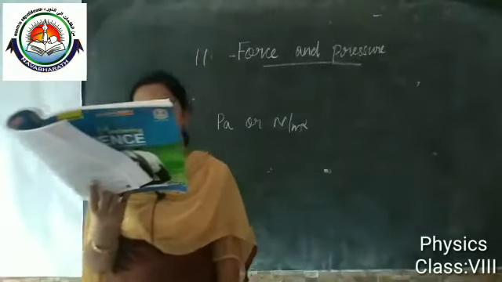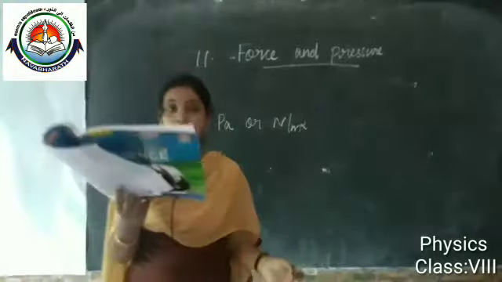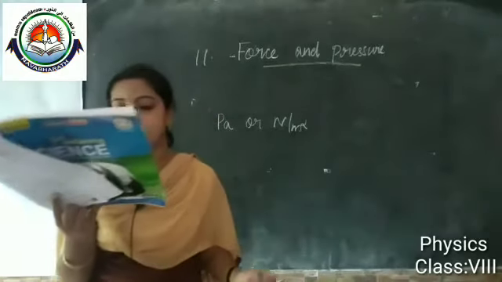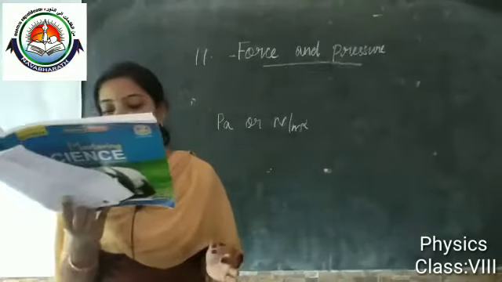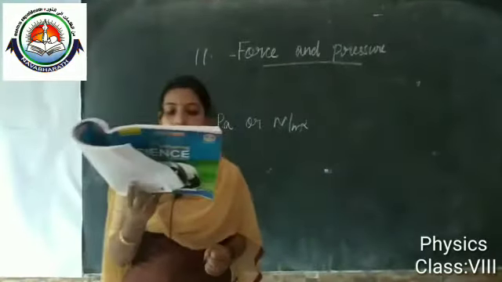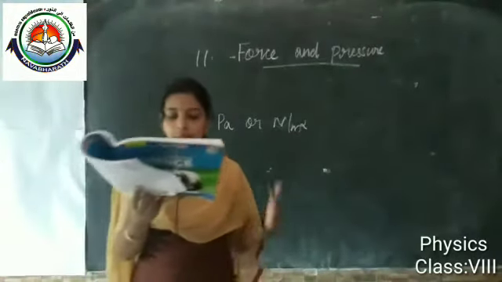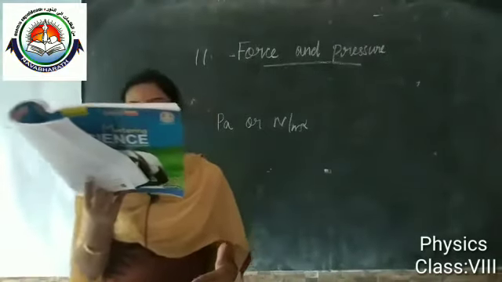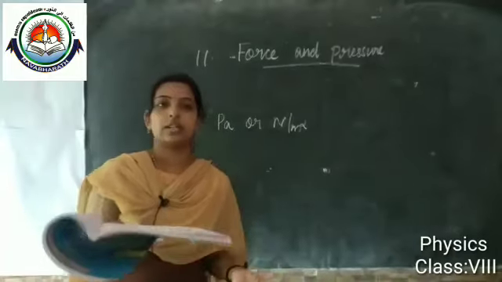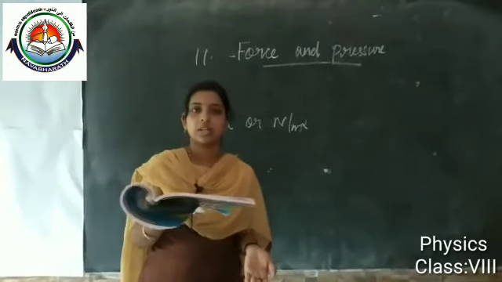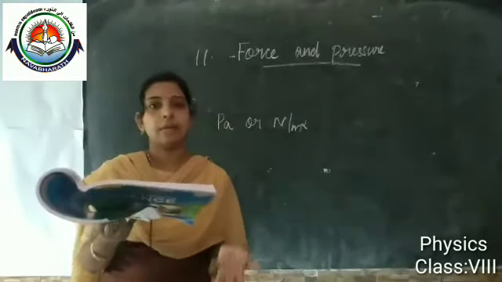Then the next one, the fifth question: where is the pressure greater, 10 meter or 20 meter below the surface of the sea? Give reason. In which case is the pressure greater? 20 meter.